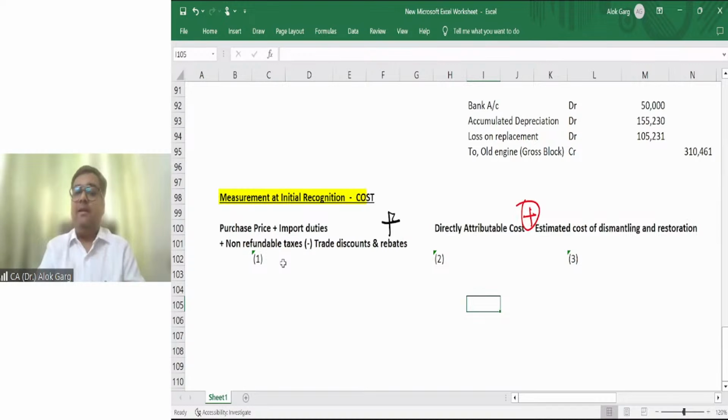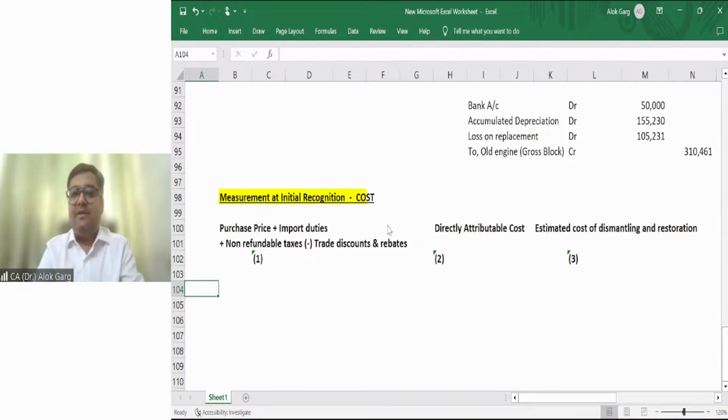Friends, the three parts are purchase price plus import duties plus non-refundable taxes, right? The second one is directly attributable cost. The third one is estimated cost of dismantling and restoration.